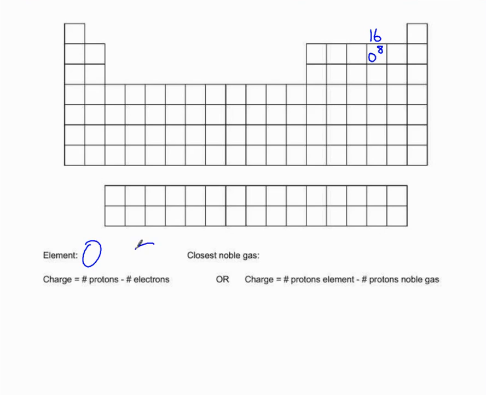Element, oxygen, 8 protons. The closest noble gas is 2 over, neon with 10 protons.